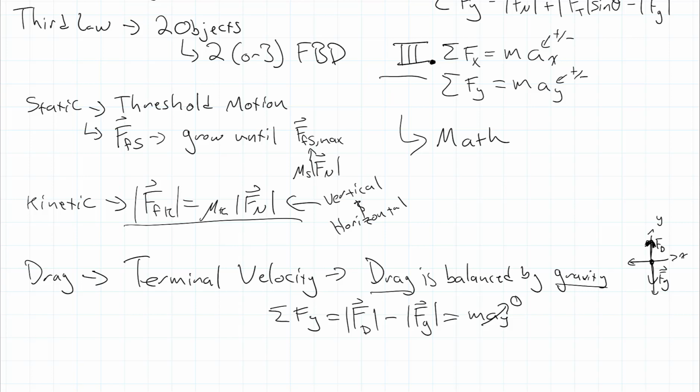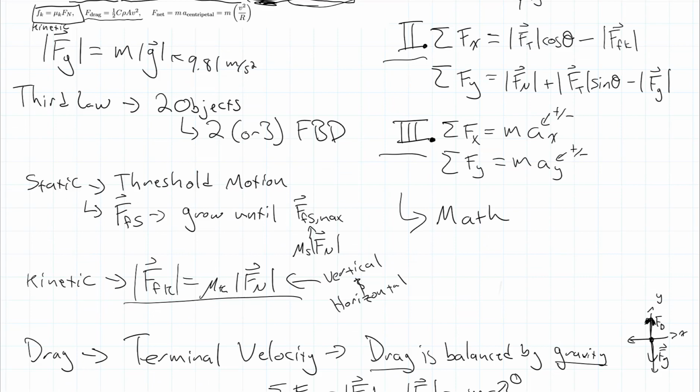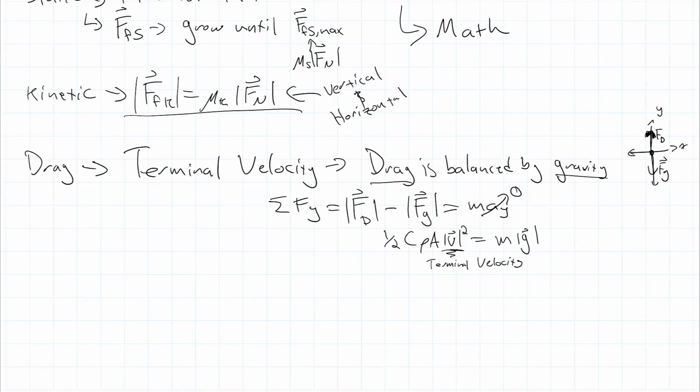If your speed is no longer increasing, then a_y is 0, so your 1/2 C rho A v squared is then equal to m times g. And you can solve things out from there, like what your actual terminal velocity is. All right, and then the last thing we have is uniform circular motion.